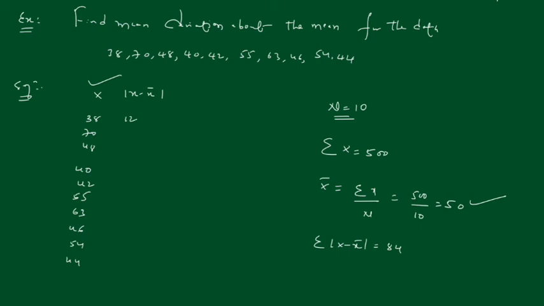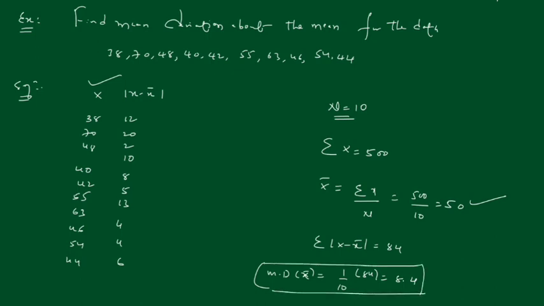Similarly it is 20, 2, 10, 8, 5, 13, 4, 4, 6. So finally mean deviation about x bar equals 1 upon 10 into 84, which equals 8.4, is the required value, right?